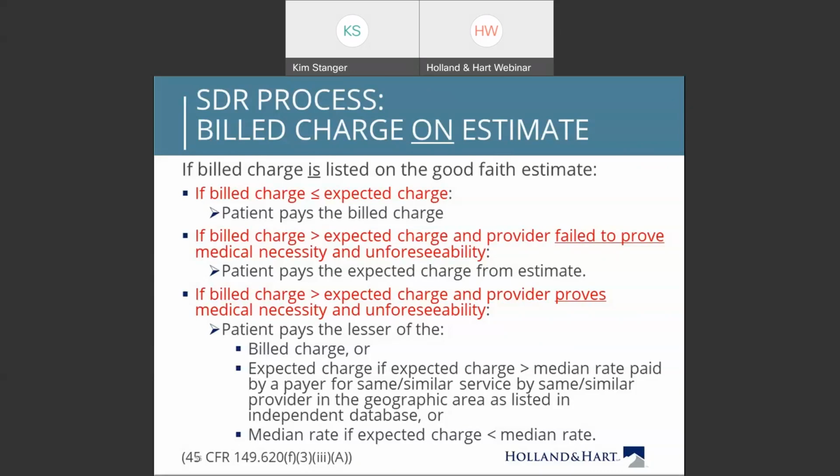The patient would only have to pay either the lesser of the billed charge or the median rate of the insurer if the expected charge is less than the median rate, unless the expected charge is greater than the median rate.